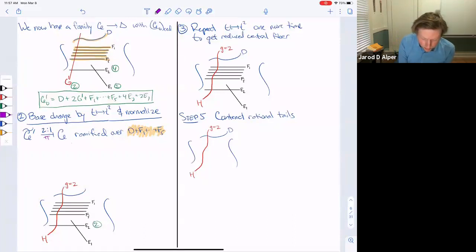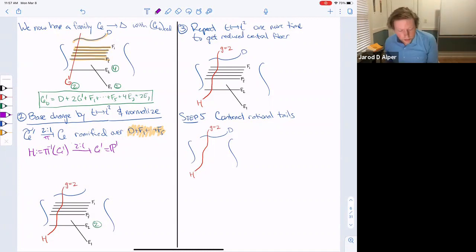Let's see what happens over G prime. The preimage, let's call it H, I've defined as pi inverse of G prime. This maps 2-to-1 to G prime, which we know is P1. And we know that this map is ramified over 1, 2, 3, 4, 5, 6 points.